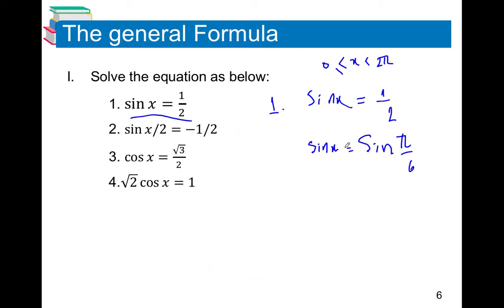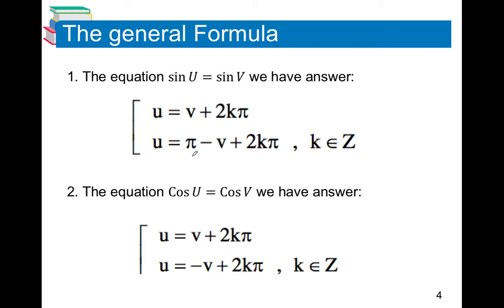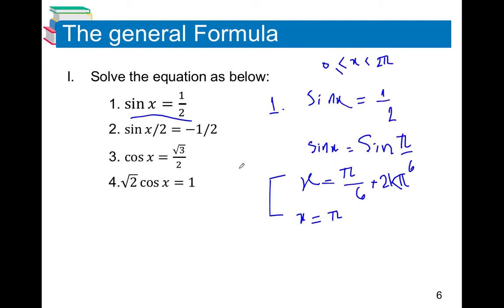So we write x equals pi over 6 plus 2k pi, right? And then we have one more answer, x equals pi minus v, which is pi minus pi over 6, plus 2k pi, okay?